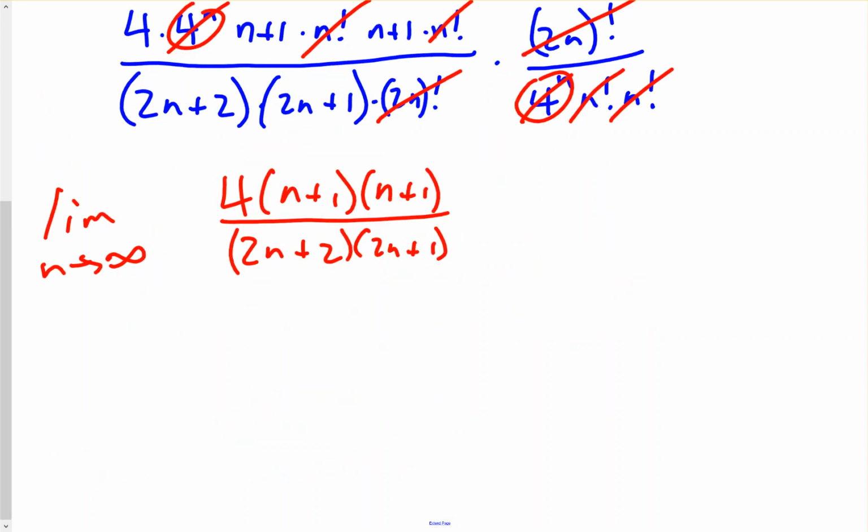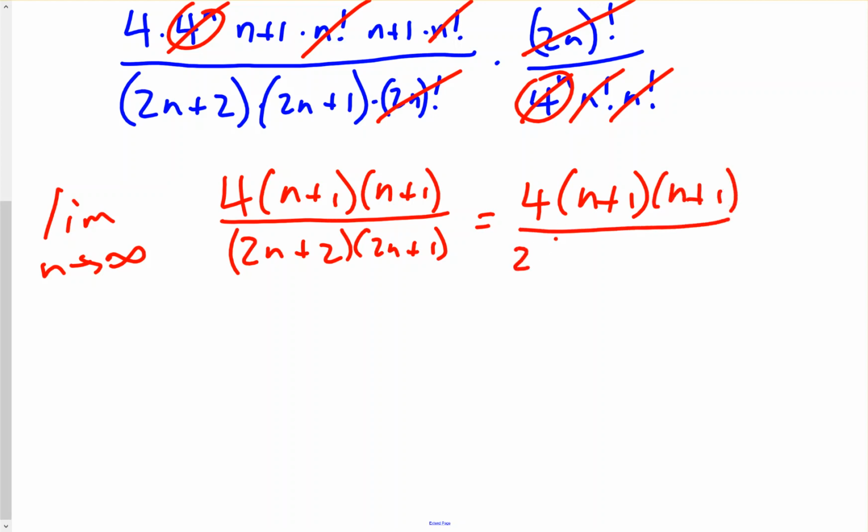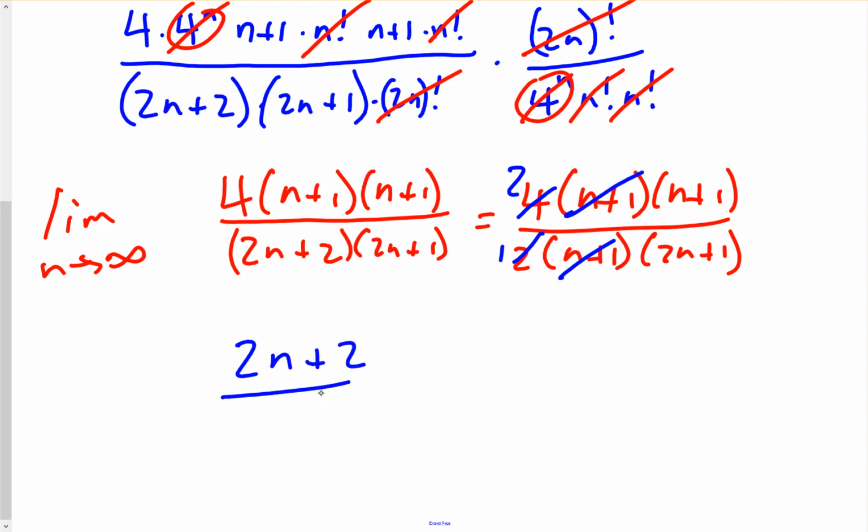Okay, and then in the bottom, this factor, we could pull out a 2. So we have 4 times n plus 1, n plus 1 over 2 times n plus 1, and then 2n plus 1. Cancel out the n plus 1s. You could reduce 2 over 1. So if we distribute the 2, we get 2n plus 2 over 2n plus 1.